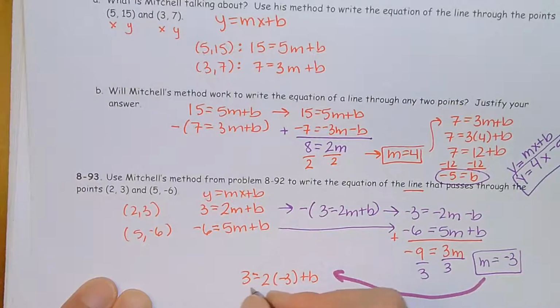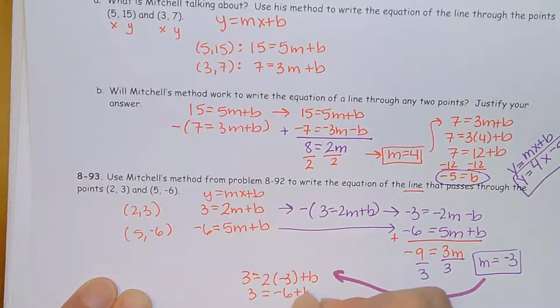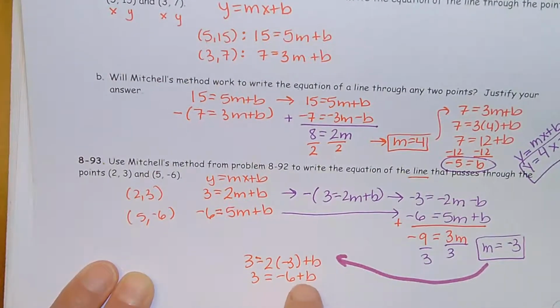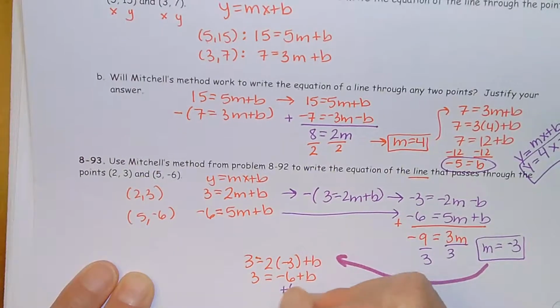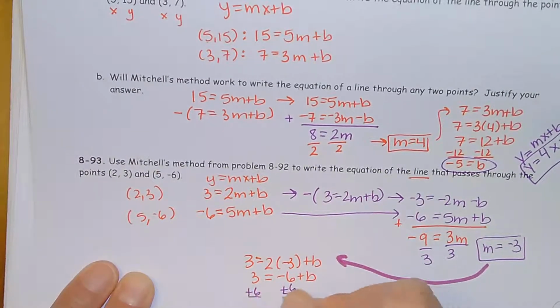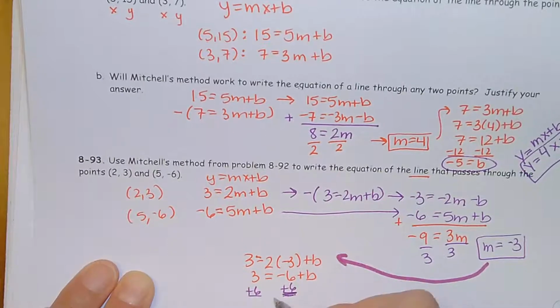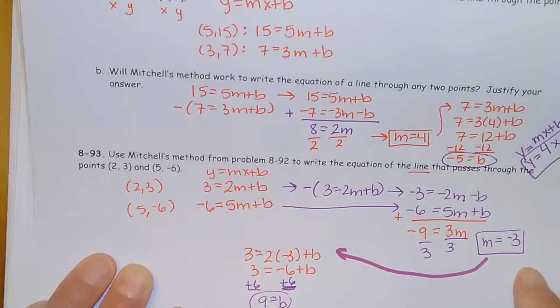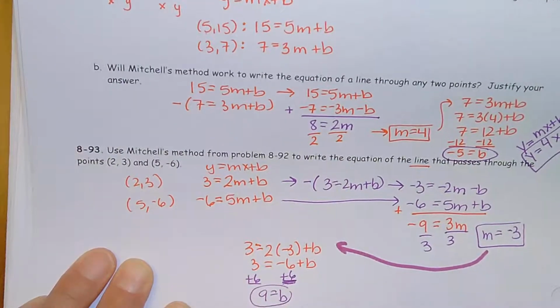And so now, when I do that math, I get 3 is equal to -6 plus b. And I'm going to solve for b, so I'm going to add 6 to both sides. And so I add 6 here, I add 6 here, and I get 9 is equal to b. So I know my m and I know my b.